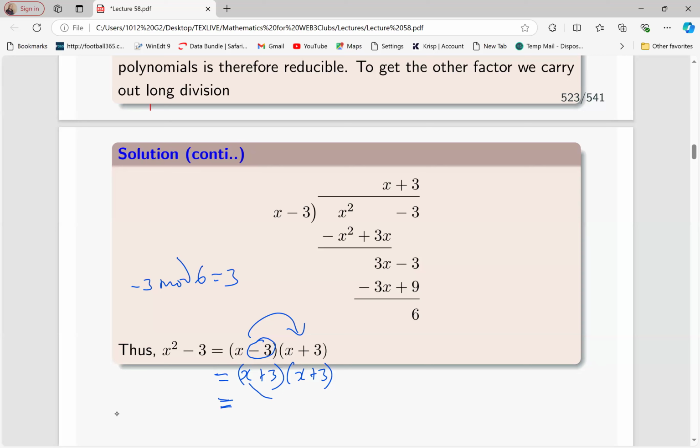So, of course, this will be x squared. And x times that will be 3x. Then 3 times that will be 3x. Then 3 times 3 will be 9. And so this will be x squared plus 3.